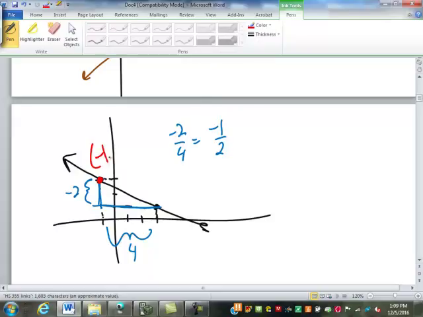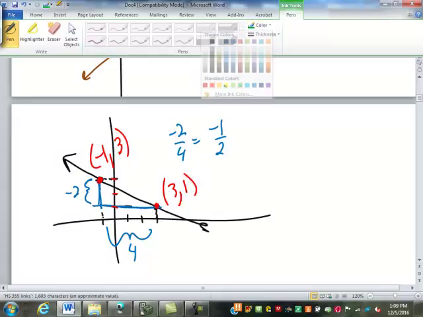What's the coordinate of this point? Negative 1, 3, right? Coordinate of this point? 3, positive 1. If I am going to find the rise, what coordinate, the x or the y, describes the rise?